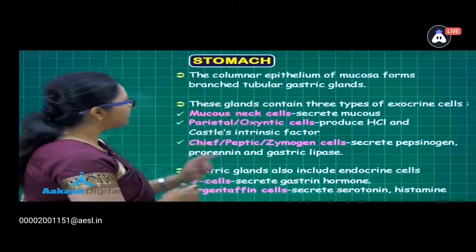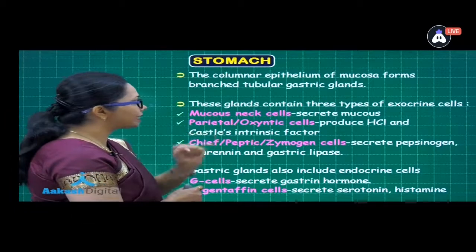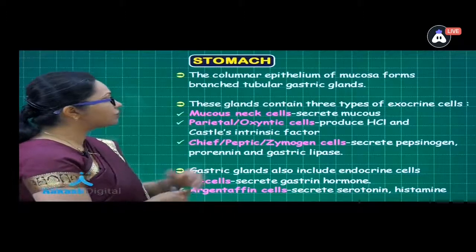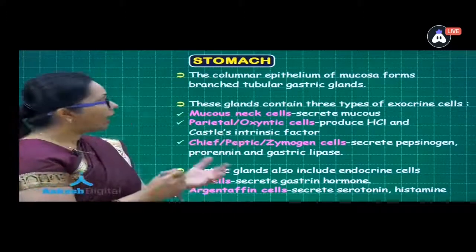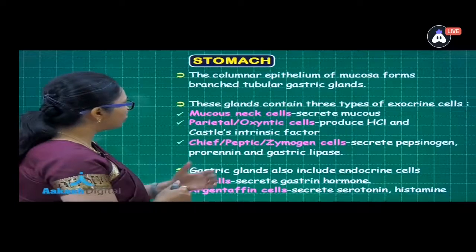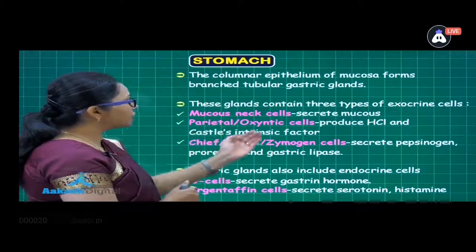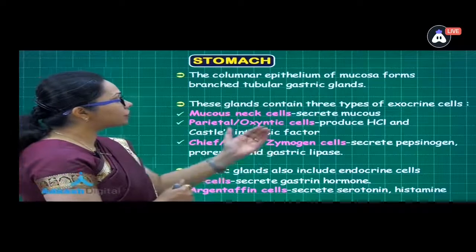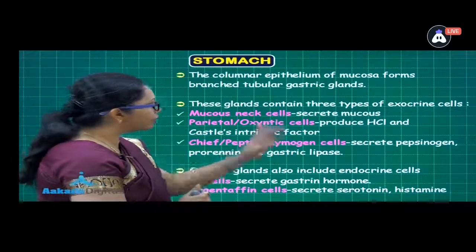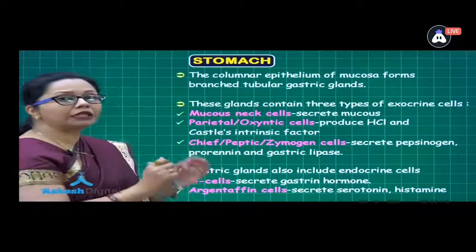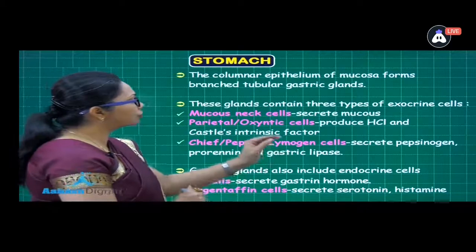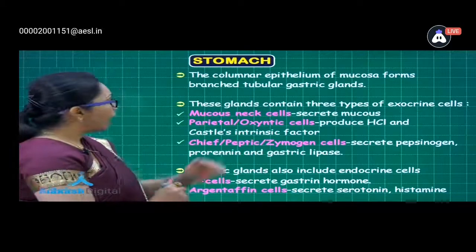The exocrine cells present are mucous neck cells, which secrete mucus, and parietal or oxyntic cells, which produce HCl and Castle's intrinsic factor. Their functions we'll mention shortly. The chief cells, or peptic cells or zymogen cells, secrete the inactive precursors of proteases, that is pepsinogen and prorenin, and also a small amount of gastric lipase, which is a lipid digesting enzyme.